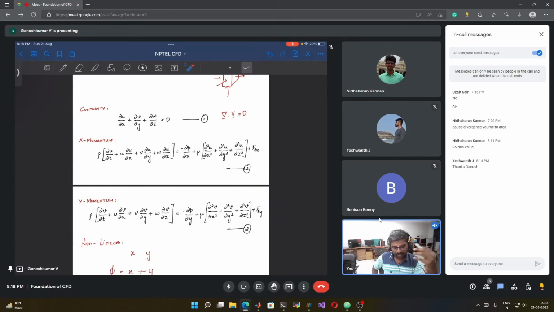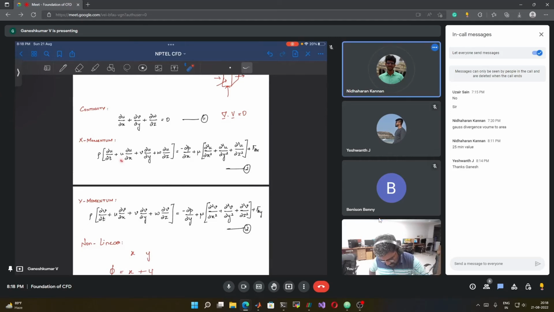Similarly, can you solve this PDE analytically for any problem? Is this possible, seeing the complexity? You see, we have a partial differential equation. u is not dependent on only one axis, it depends on all three axes.